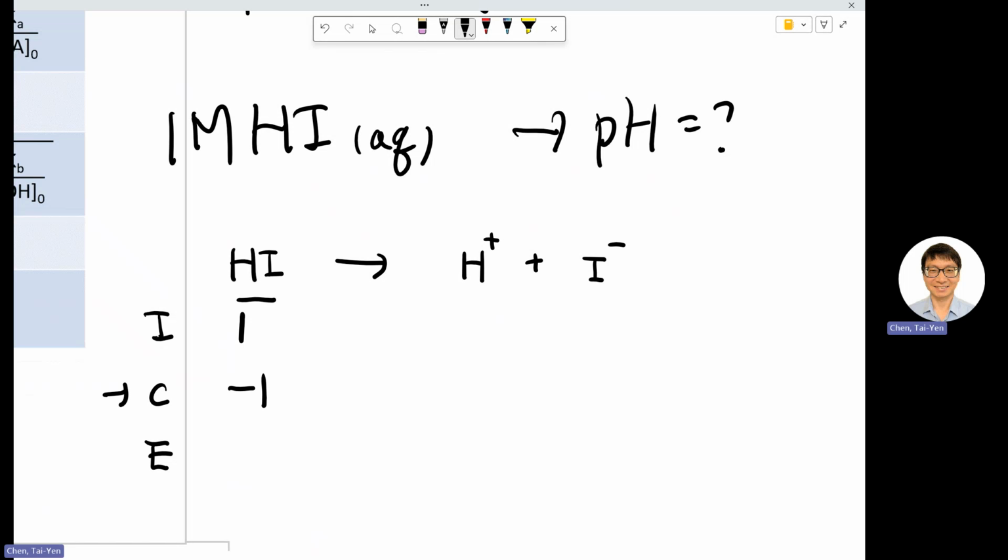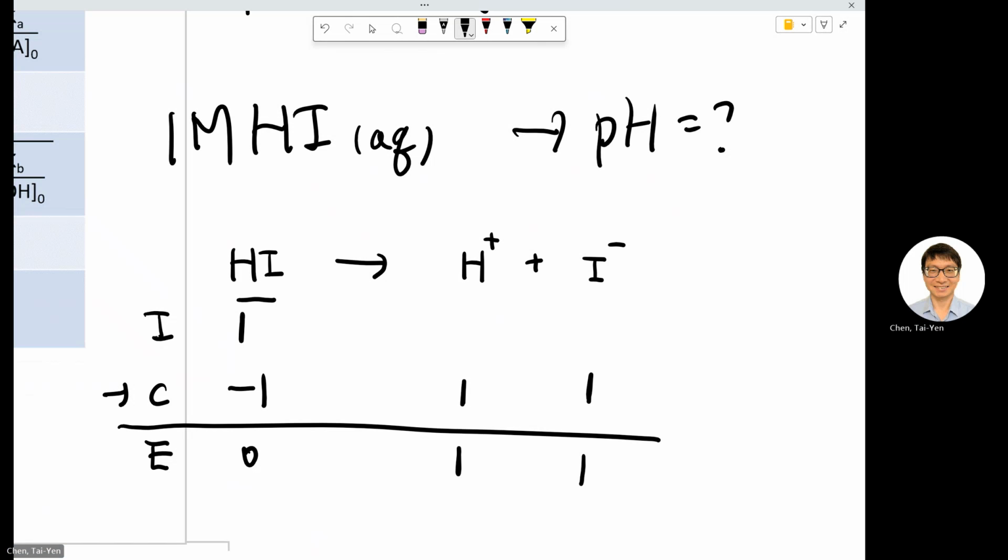You write -1, and then here you will put +1, here you will put +1. Then your system will reach equilibrium. Once it reaches equilibrium, you don't have any HI anymore in your solution. All you have is 1 M H plus and 1 M I minus. Everybody follow this so far?